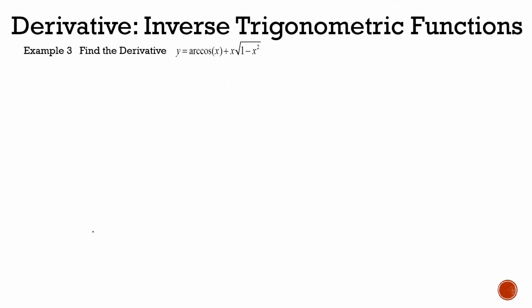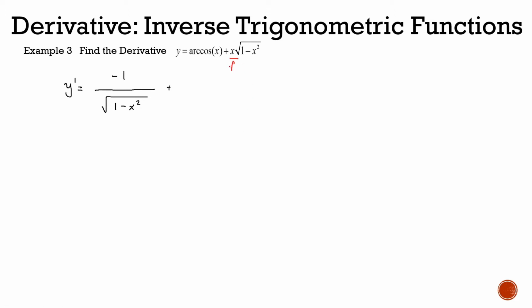Example 3. Find the derivative of arc cosine plus x times radical 1 minus x squared. So y prime, again, looking back to the derivative equation, arc cosine of x is negative 1 over radical 1 minus x squared. For the second part, we will need product rule.